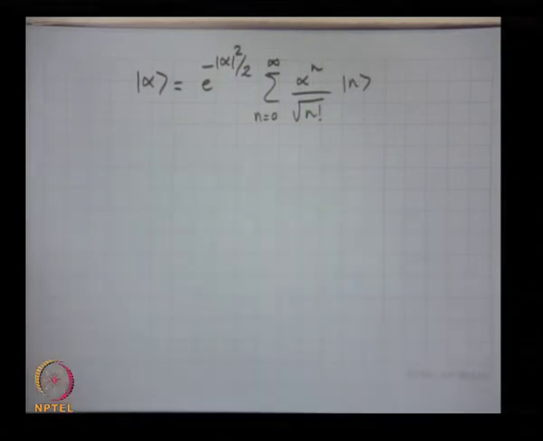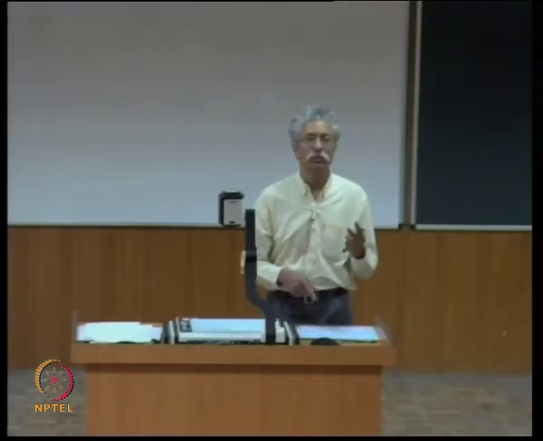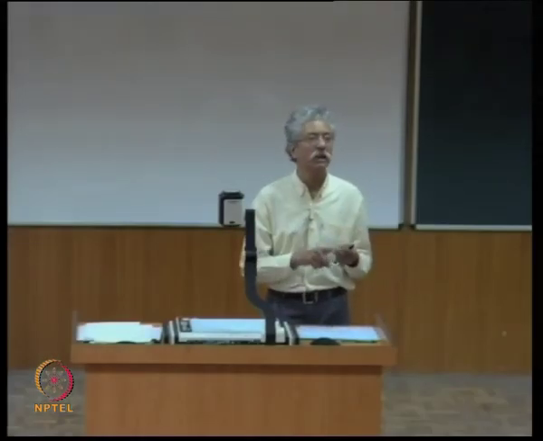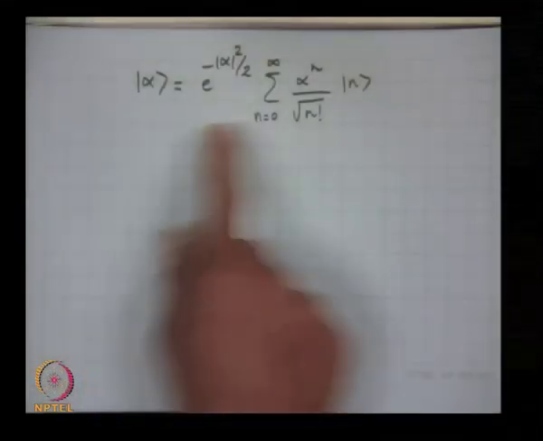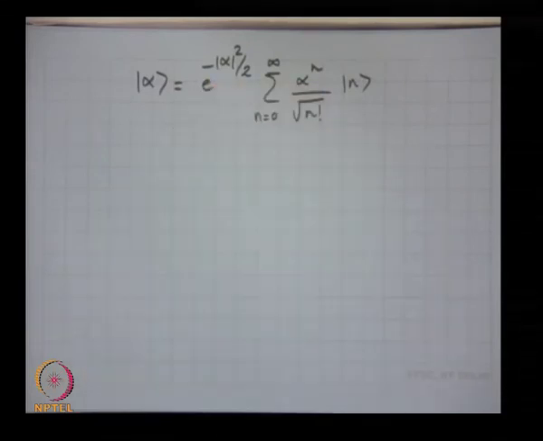The example we looked at just before this was a state in which only two n-ket states were superposed, the 0-ket state and the 1-ket state. This is a state which has contributions from all n-ket states from 0 to infinity, and each one has an amplitude given by exponential minus mod alpha square by 2, alpha raised to n by square root of n factorial.